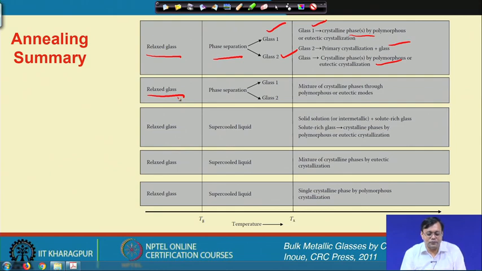Maybe we can again start with such a relaxed glass where there are two glasses, where we get a mixture of crystalline phases through polymorphous or eutectic mode.